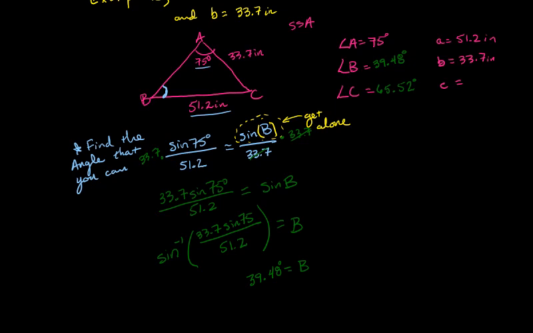I'm going to use the original information given to me because I feel like that gets me a better and more exact answer. I'm not going to use angle B and side B because I rounded angle B. So here we go. I'm going to set it up.